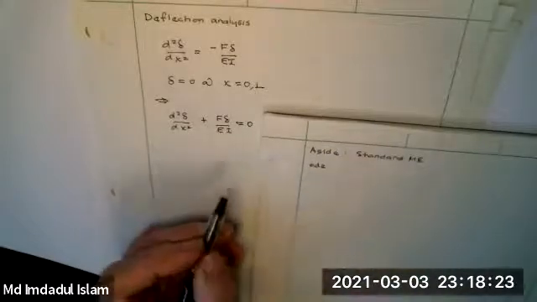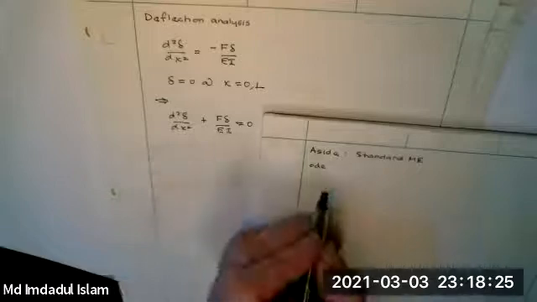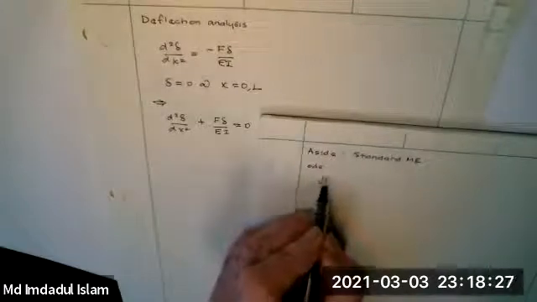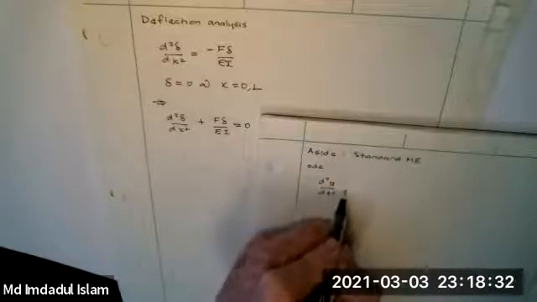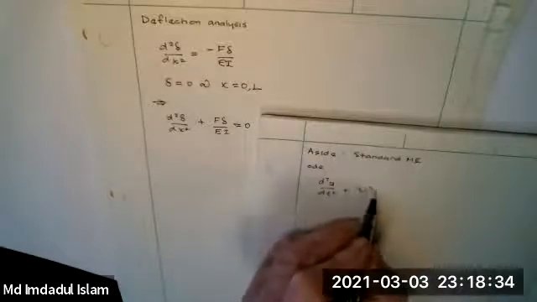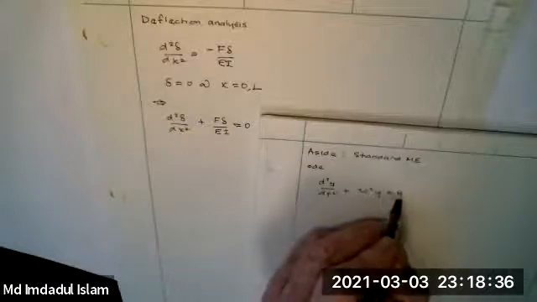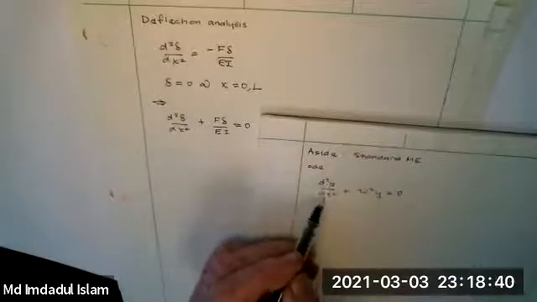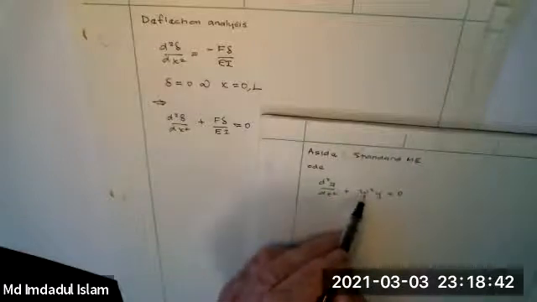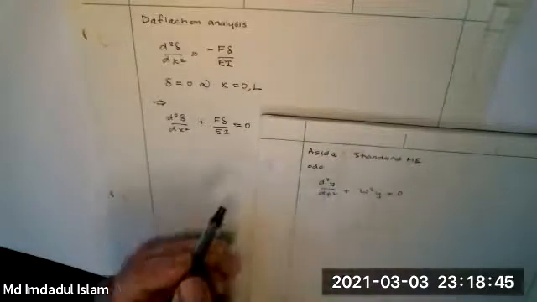The normal way you get an equation like this is in vibrations. You get something like this: the second derivative of the deflection with respect to time plus omega squared, with omega the frequency, times y equals 0. That's free vibration.